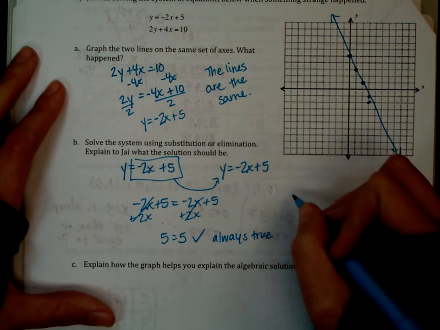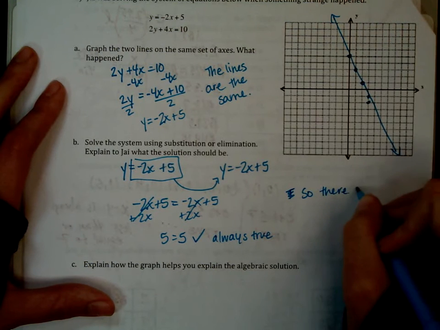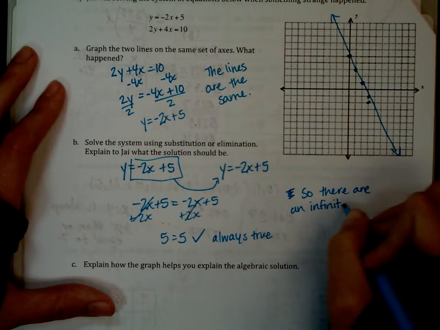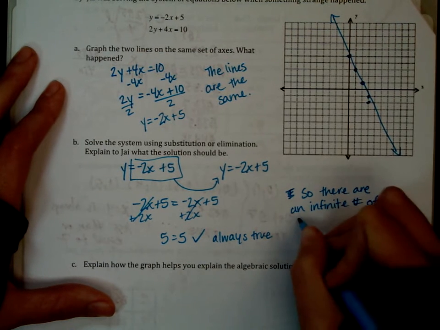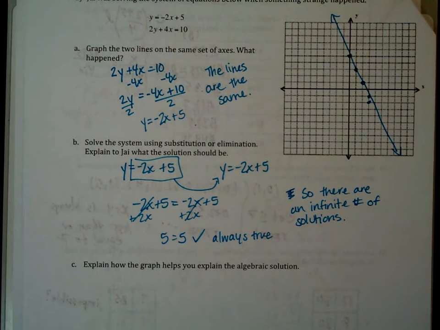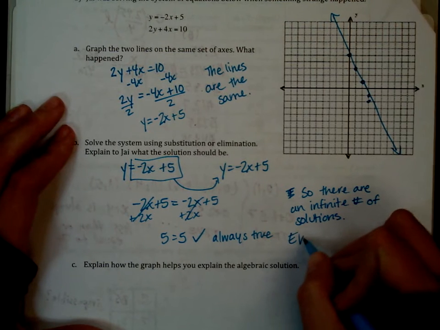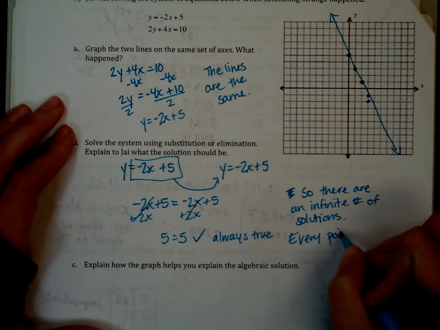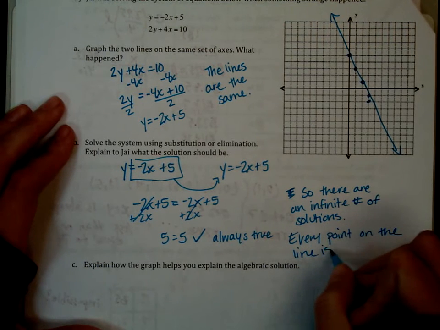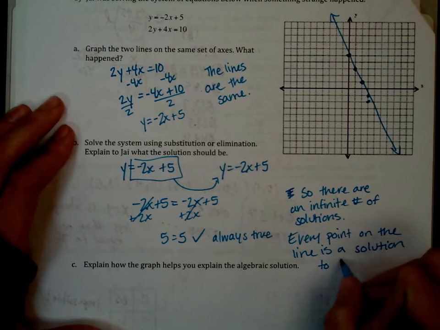So there are an infinite number of solutions. Which means that every point on that line is a solution to the system.